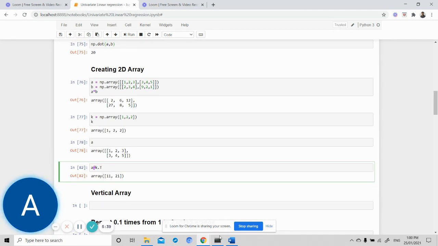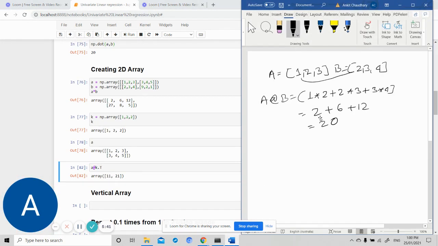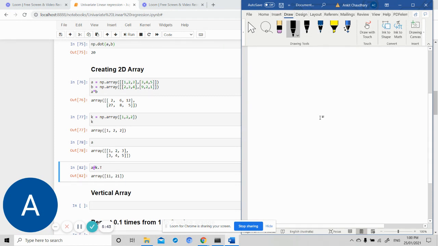How this works is, suppose our A is the two-dimensional array 1, 2, 3 and 3, 4, 5, and our K is 1, 2, 3.